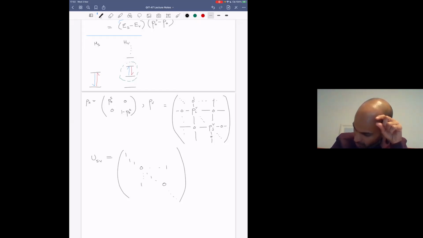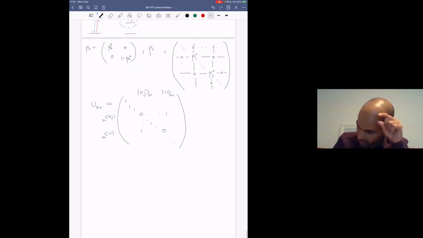These two states correspond to the state 0j and the state 1i on system and V.